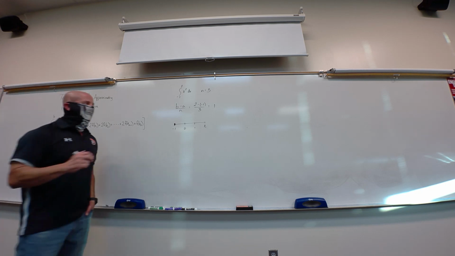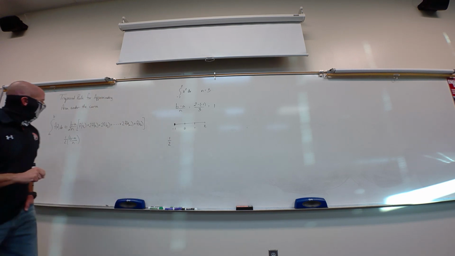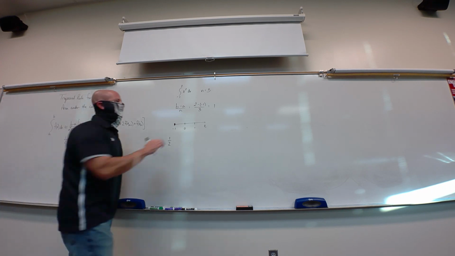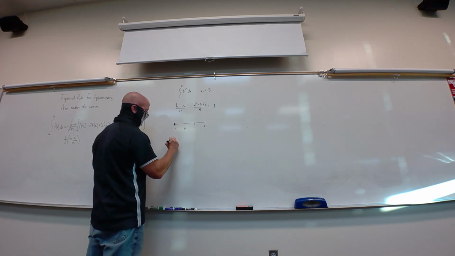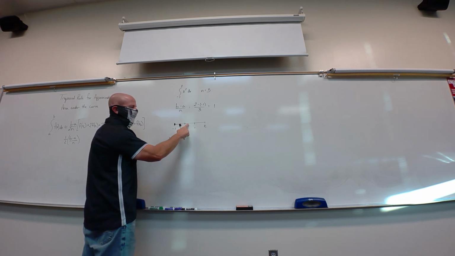Now, as far as writing it out, 1/2. I know it has B minus A over 2N, but it's really that half in front, times my height, all right, height, base, width, however you want to think of it, but it's this part right here.